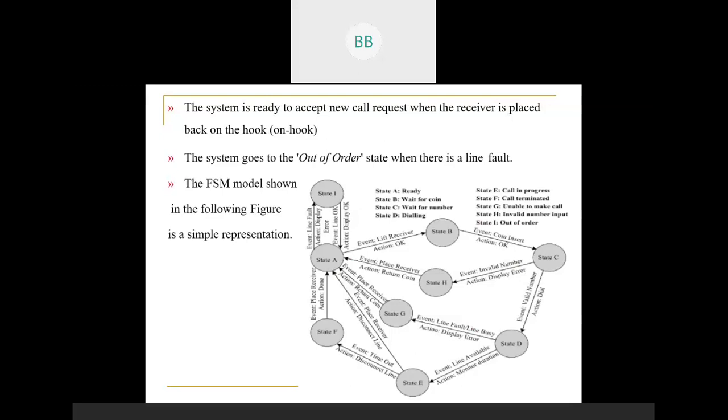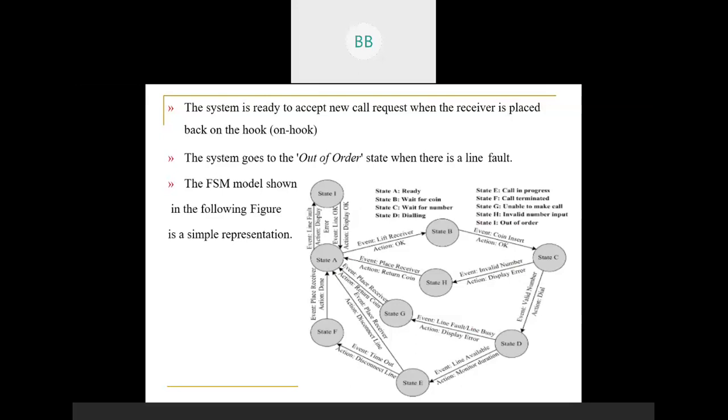If the line is through, the user is allowed to talk for 60 seconds, and at the end of the 45th second, it prompts for inserting another 1 rupee coin for continuing the call.